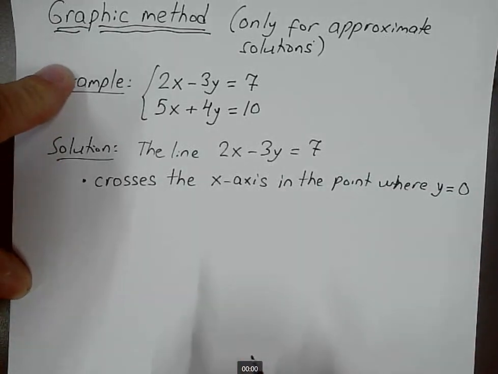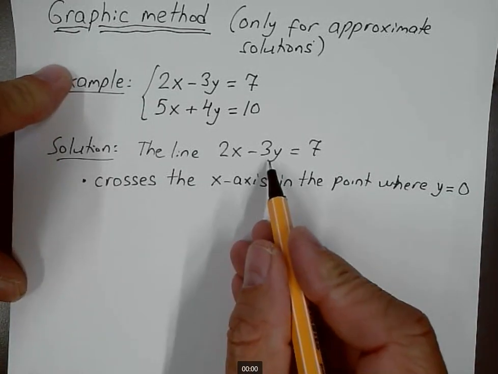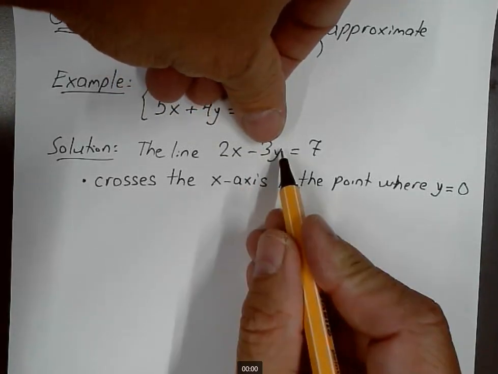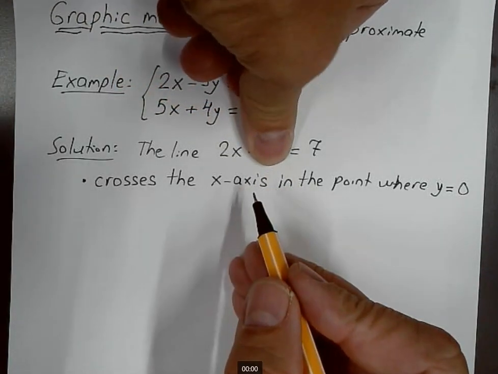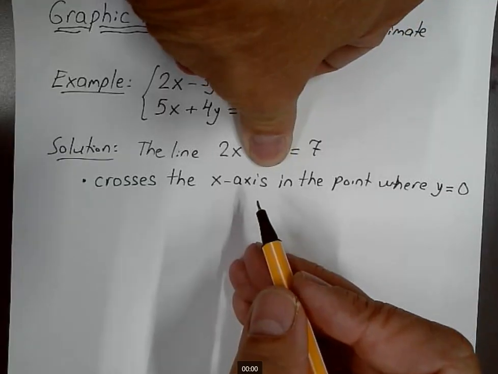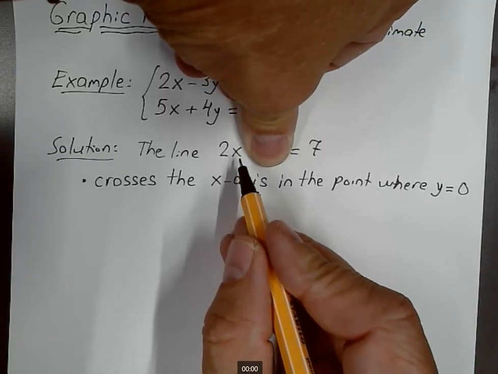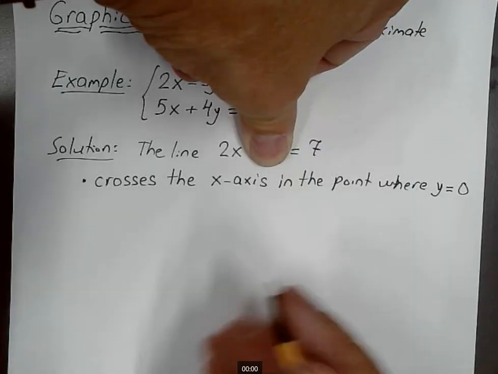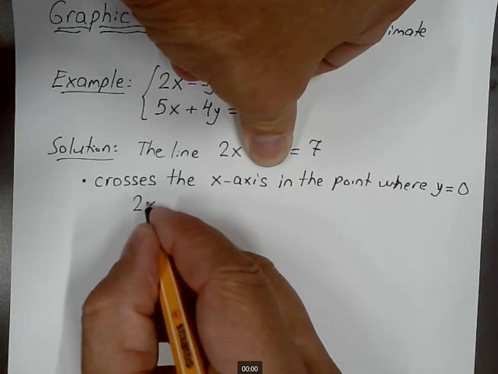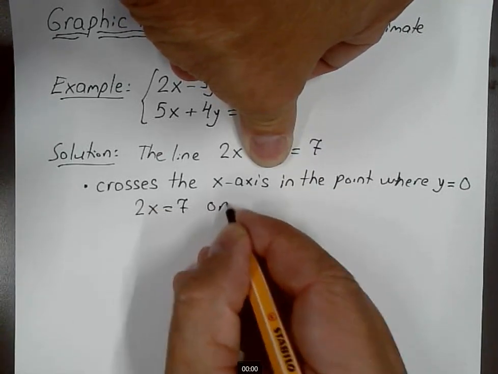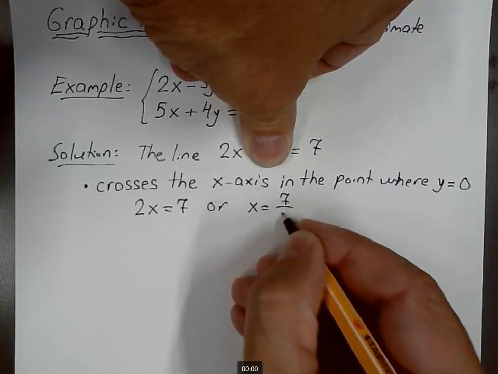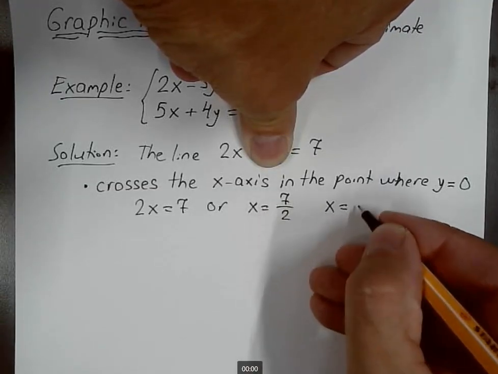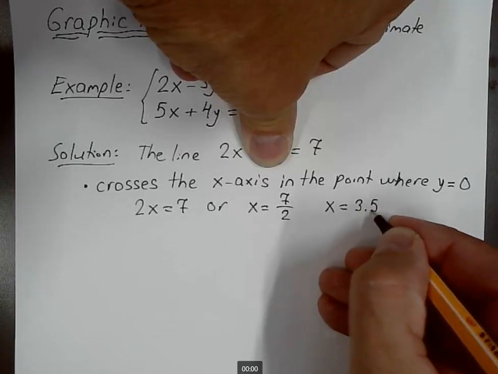Very easy way to do that is to just take away this part here. So I have the equation 2x equals 7, or x equals 7 divided by 2. That means x equals 3.5.